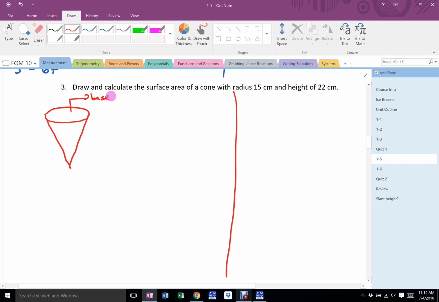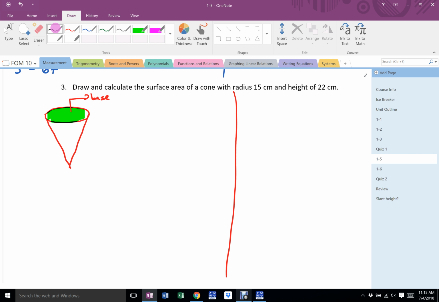Agreed? Now we already know that a pyramid, prism, anything, it's the outside that is going to give us the surface area, right? So that means, is this, I didn't want to use red, is this part of the outside? Sure it is.